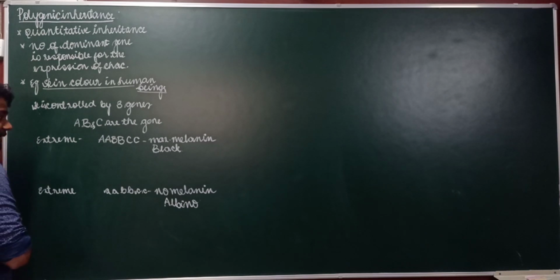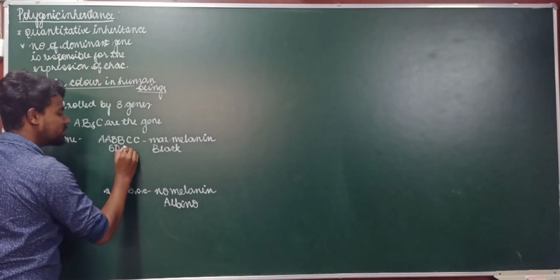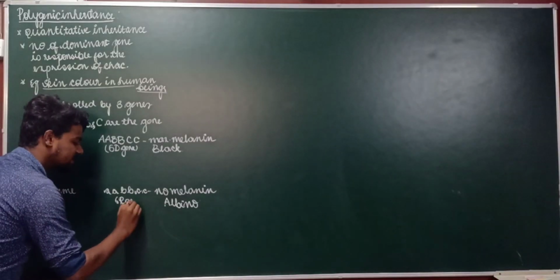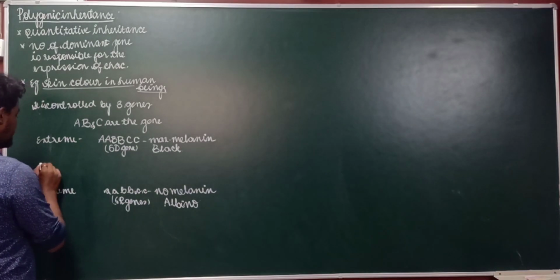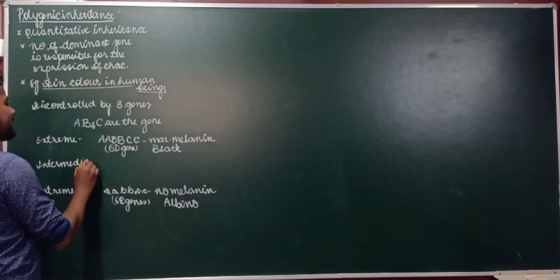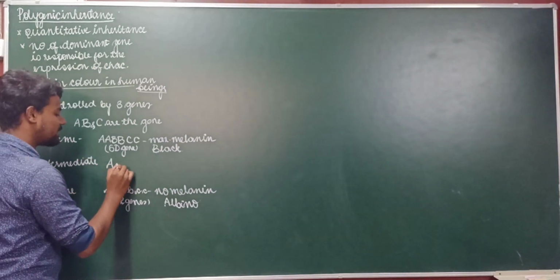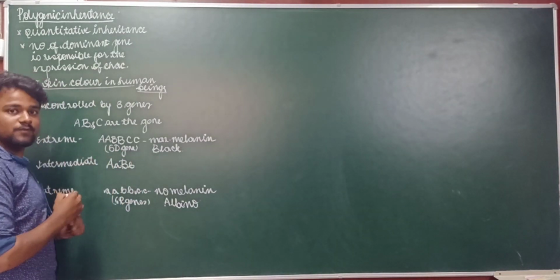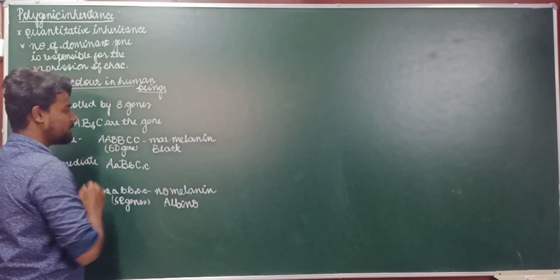Now what is the main thing? See, here there are 6 dominant genes and here there are 6 recessive genes, and it is quite clear. Now the middle one we call intermediate, where there is one dominant allele and one recessive allele of each gene: dominant allele of A and recessive allele of a, dominant allele of B and recessive allele of b, dominant allele of C and recessive allele of c.